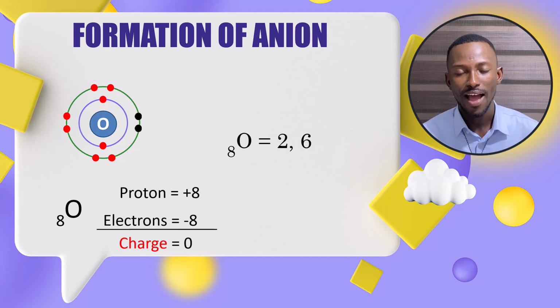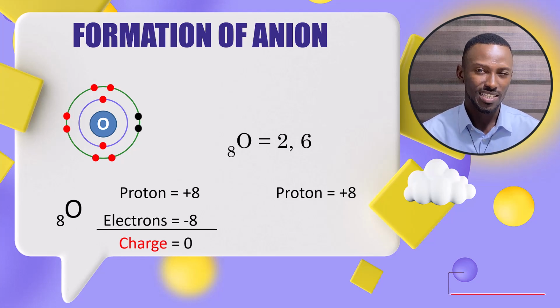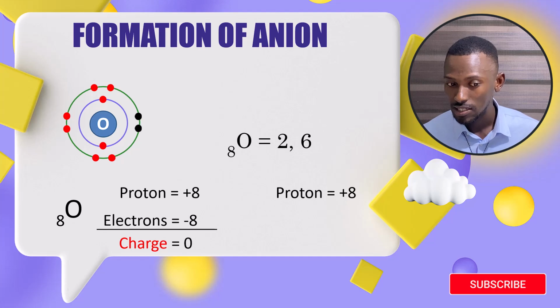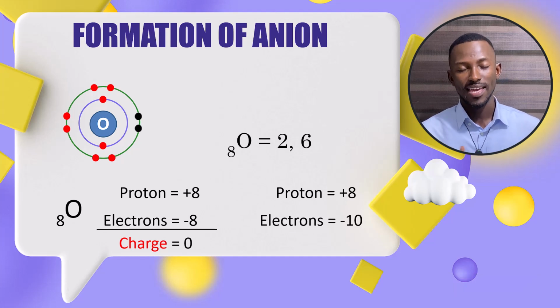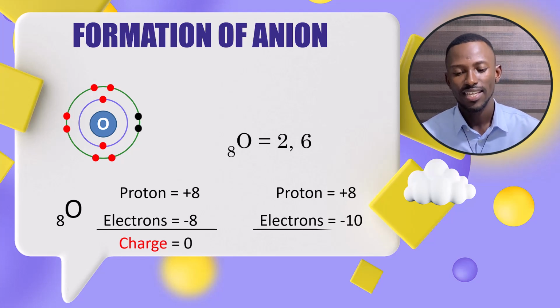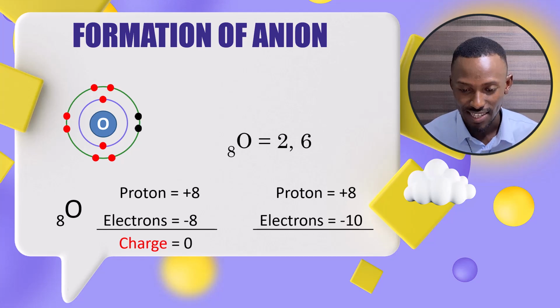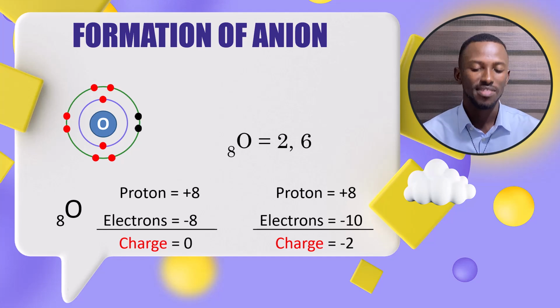So now, after it has gained 2 electrons, the proton number has actually not changed. The proton number will still be 8, but the number of electrons will now increase from 8 to 10 because 2 more electrons have been added. And this is going to affect the net charge. Positive 8 minus 10 will give us negative 2.